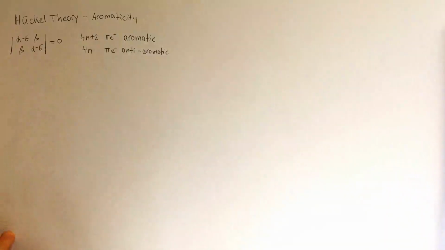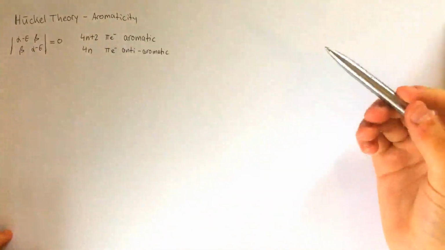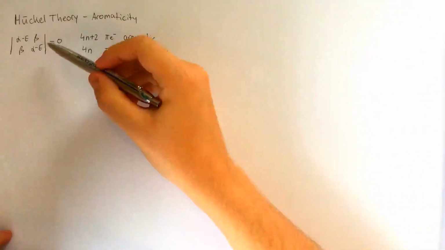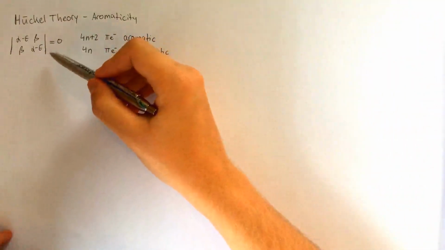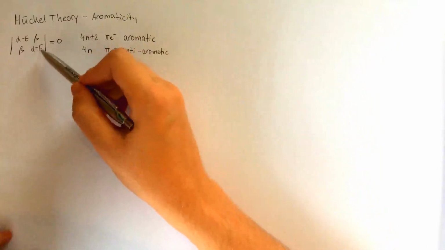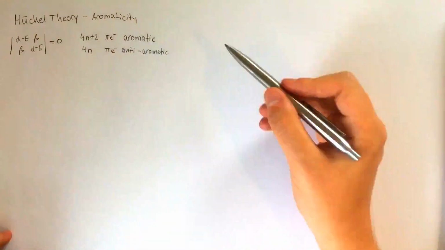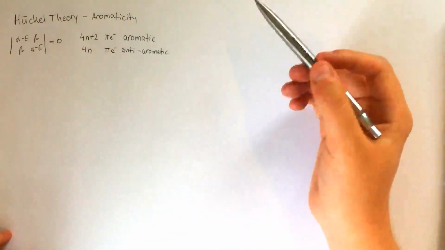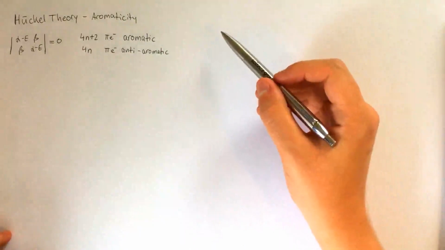In the last video, we looked at the basis of Hückel theory, and we derived an expression where if we just consider two atomic orbitals, we would have to solve this determinant in order to find the energy of our orbitals. In this video, we're going to look at aromaticity.